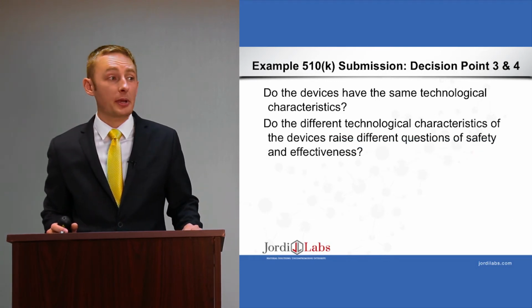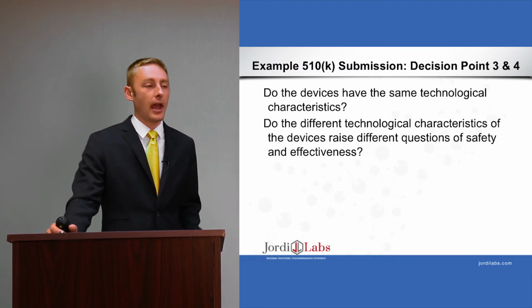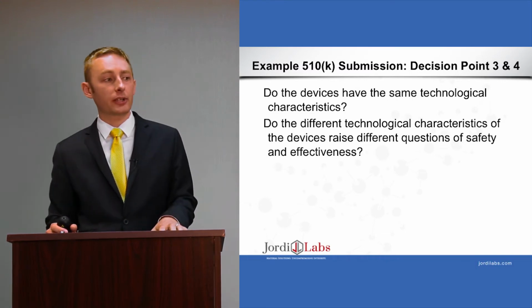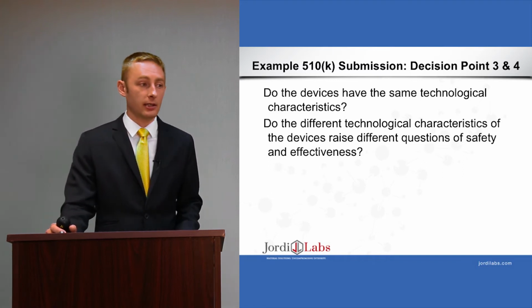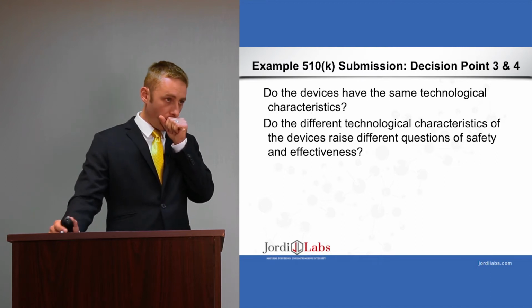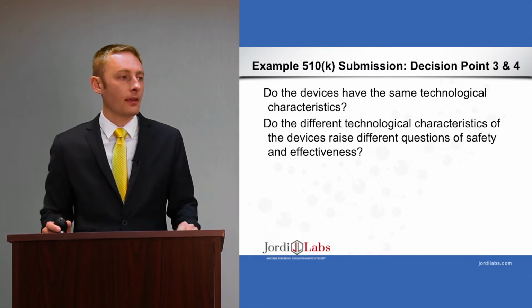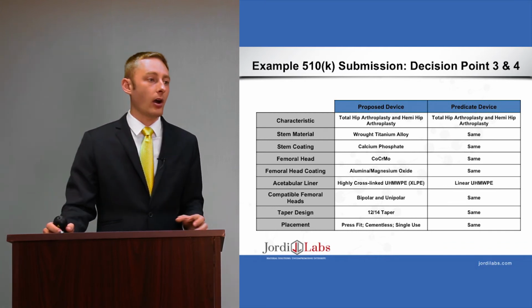With regards to decision points 3 and 4, do the devices have the same technological characteristics? And then secondly, do the different technological characteristics of the device raise different questions of safety and effectiveness? This is where we can start branching out a little bit. The different characteristics for this are effectively the same.